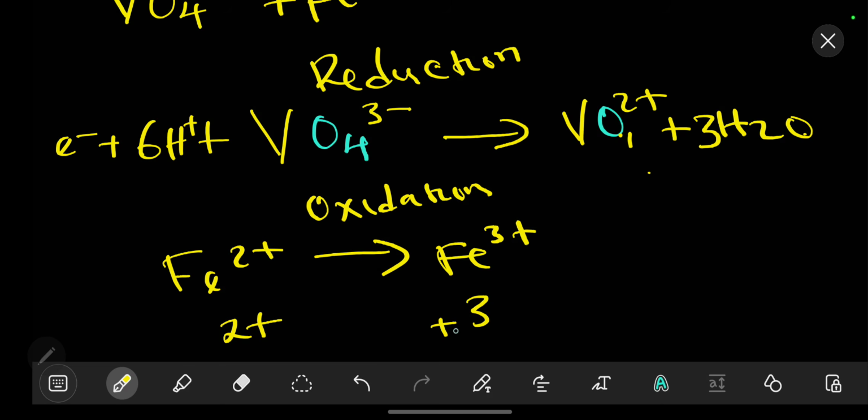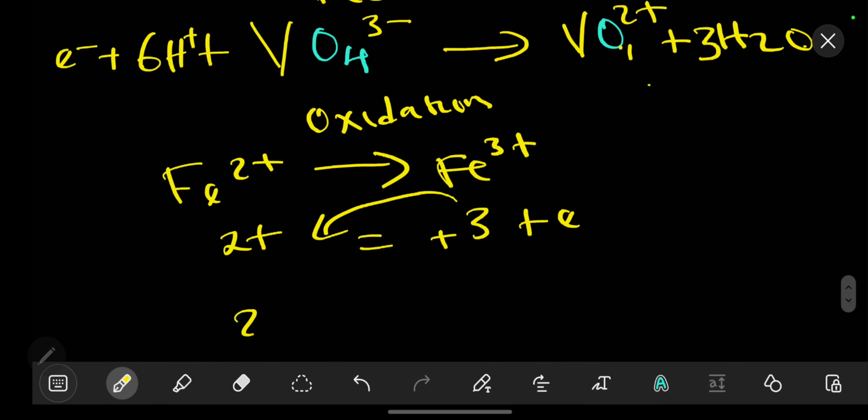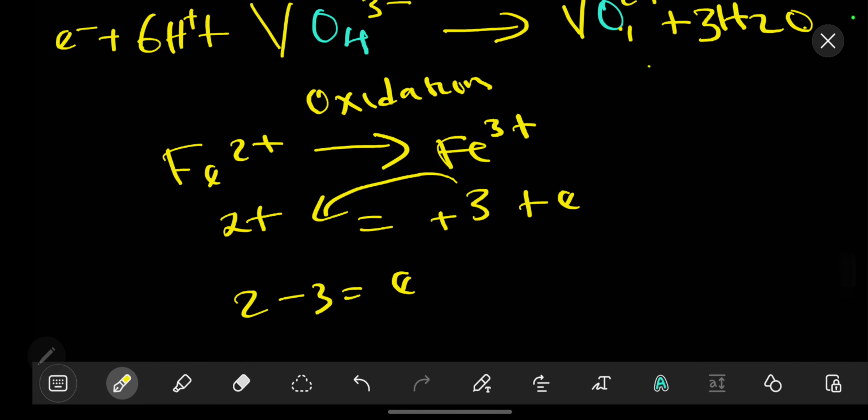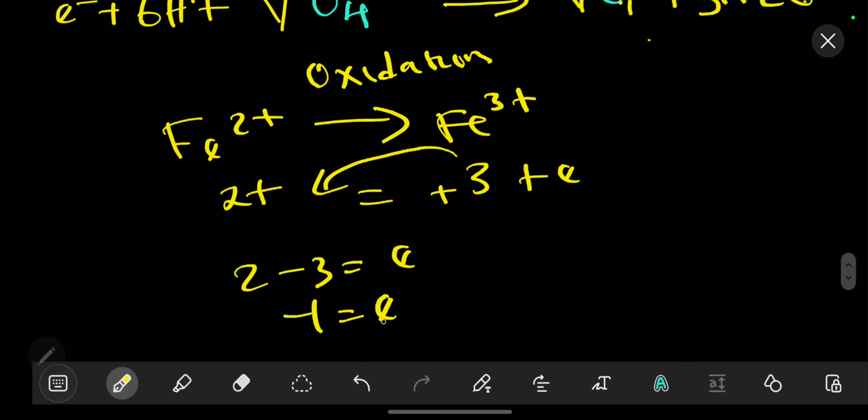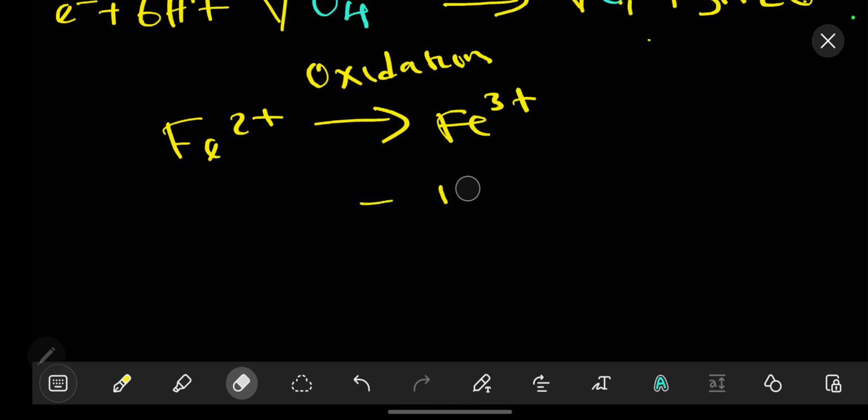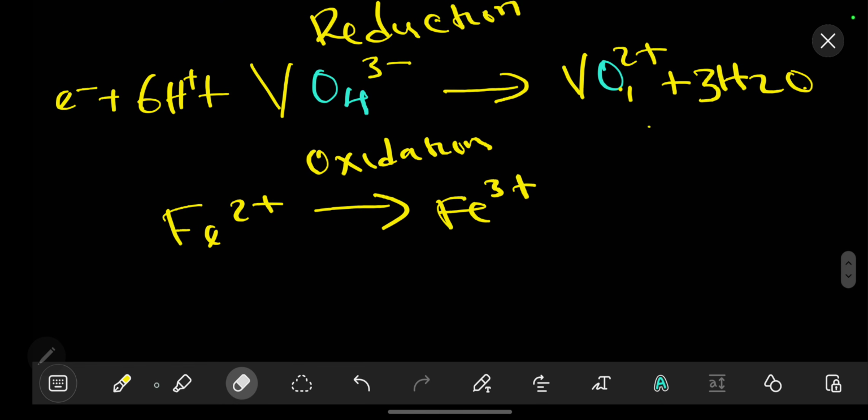So with the same approach, we add an electron here, which should become positive 2. If we take the 3 here, we have 2 minus 3, which is equal to the electron, so negative 1. In this case, we just add 1 electron on this other side. So we have plus an electron like that.